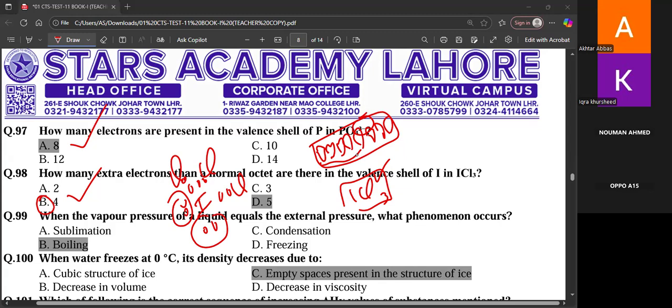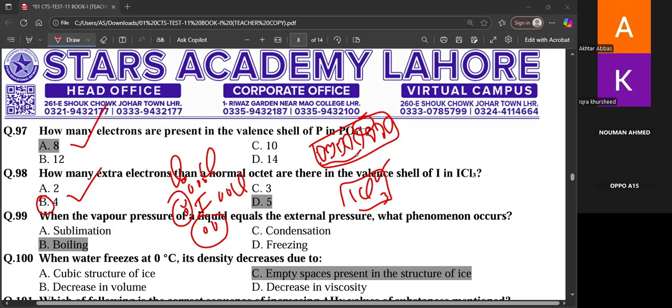Noman, do you agree with me that the beta option is correct? No voice. Okay, then we will discuss it another way, but my perception is that the beta option is correct. So your best option is beta.